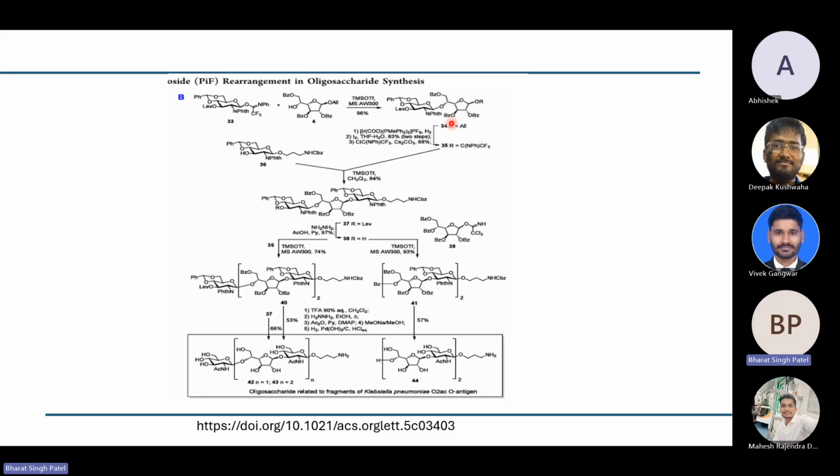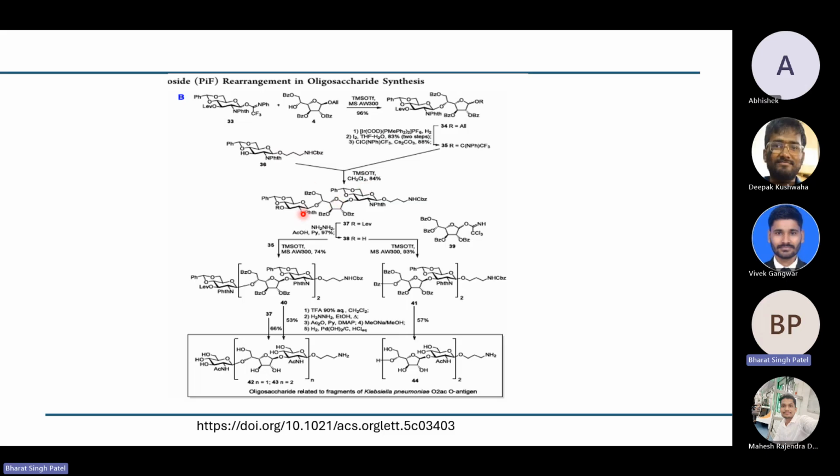Then this disaccharide was a TCA donor, and this linker-attached glycoside was the acceptor. They were able to get this trisaccharide. And then from this trisaccharide, they removed the levulinoyl R group using hydrazine in acetic acid and pyridine.